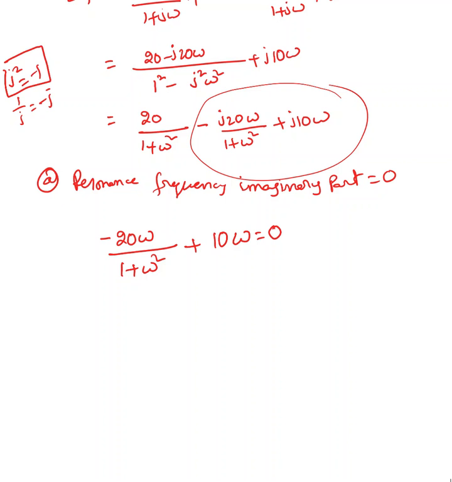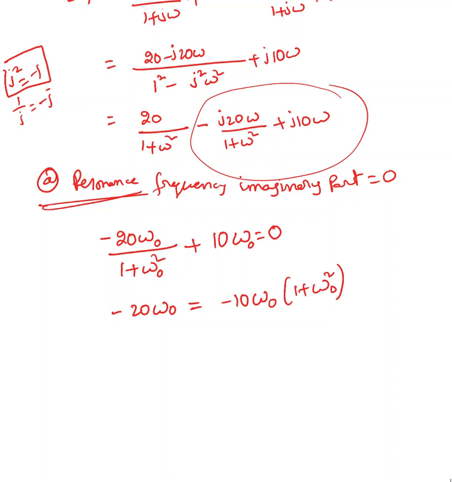So once I make that imaginary part equal to 0, I'm saying this is resonant frequency, so we call this omega naught since we are finding omega naught. So minus 20 omega naught equal to minus 10 omega naught times 1 plus omega naught square.